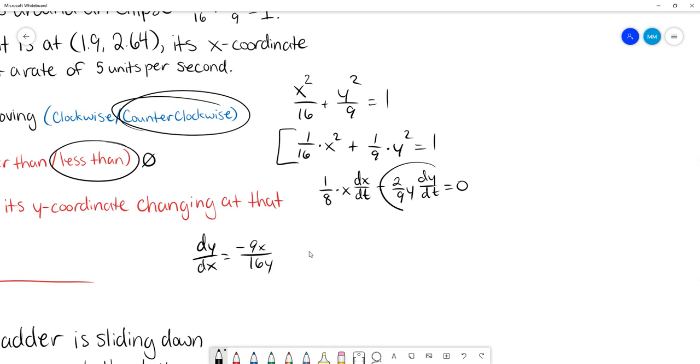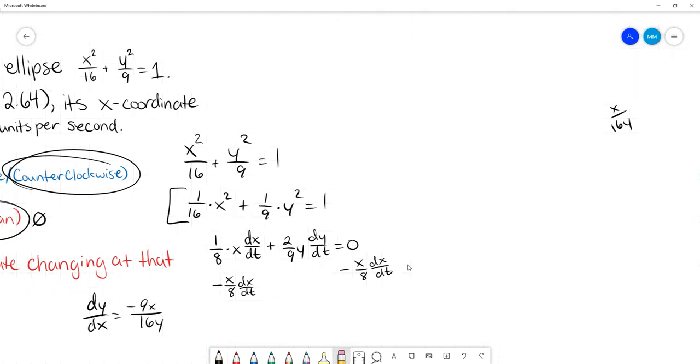And again, we're just solving for dy/dt. So it's the same deal. So this is x over 8 dx/dt. And I'm going to subtract that from both sides so that I can get only my term with dy/dt on this side.